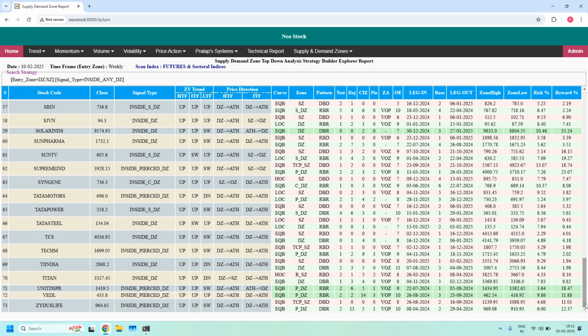So out of these 73, how many weekly demand zones are having weekly EMA confluence? Let us find those stocks.